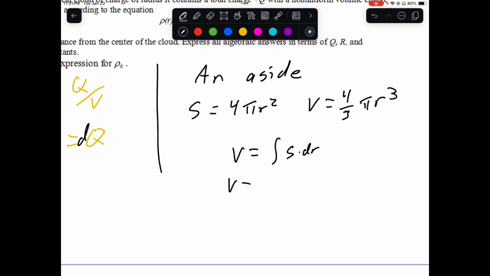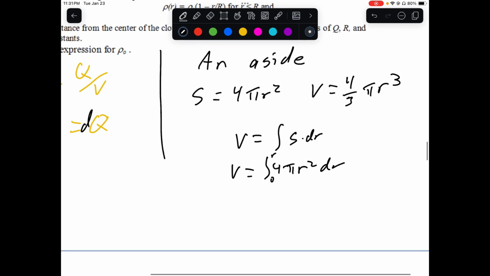So the volume is equal to the integral of 4 pi r squared dr from 0 up to whatever radius I want. The 4 pi is constant, so it's really just the integral of r squared, which is r cubed over 3. And if I have 4 pi r cubed over 3, hey, look, there's our volume formula for a sphere.